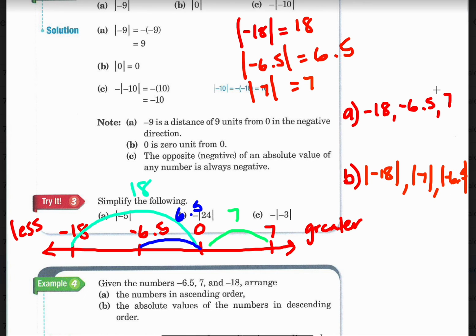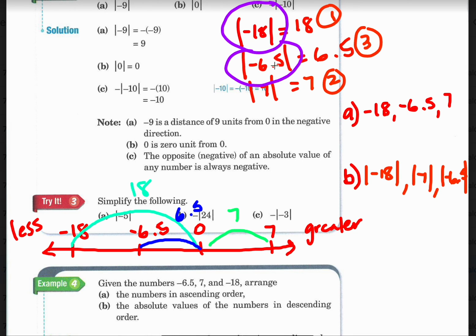Okay? Because we wanted to figure out the descending order, greatest to least. This is the greatest, then this one, then this one. But since they're asking absolute value, we got to write it in these forms over here. So we're writing it using the absolute value.